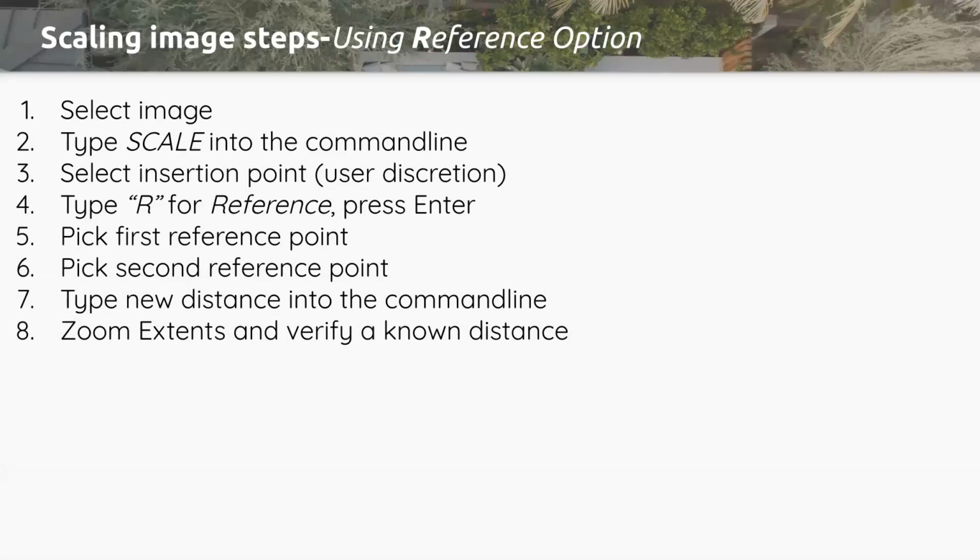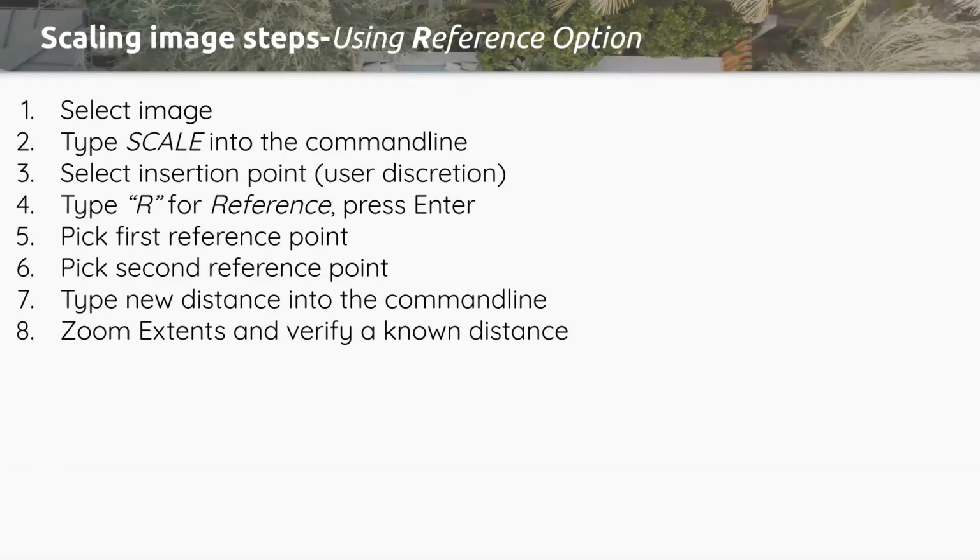So we have 2 different ways that we can really scale an image, two good ways to get to the size that we want. This first one, and the most preferred in my mind, is the reference option. And that's when you use the SCALE command.